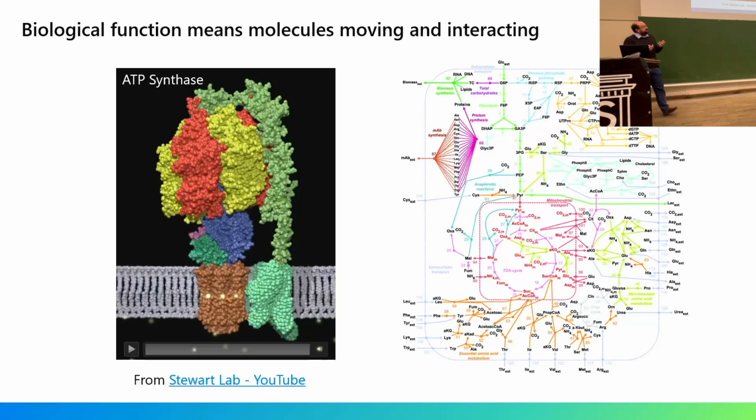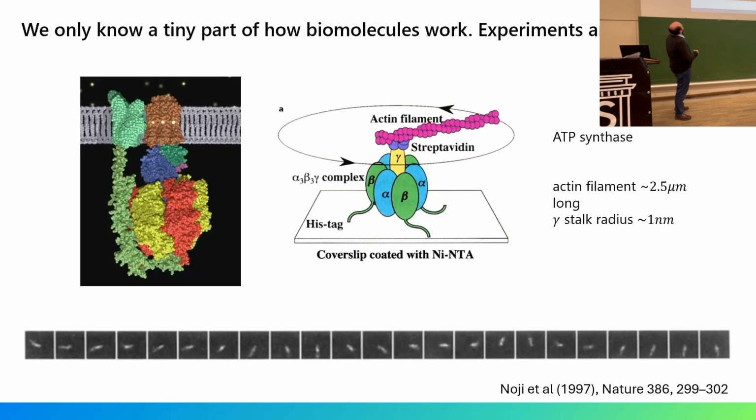The problem is the knowledge is increasing, but there is only a small fraction known of how these things work, because one aspect is that these experiments are extremely hard to carry out. And I'm once using this ATP synthesis as an example, and one experiment where they try to really get a hold of this rotary motion, they synthesized a special version of the protein where they added a filament on this stalk of the rotating pump, and the filament was fluorescent.